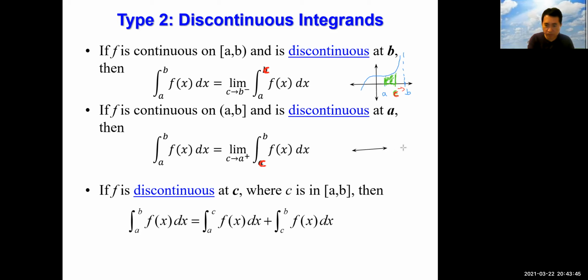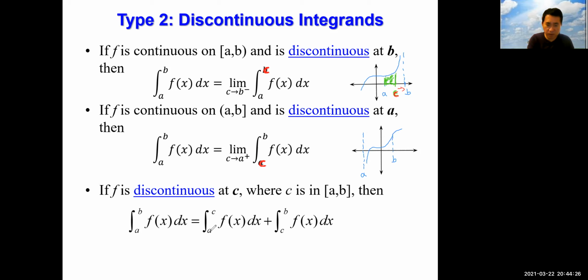So let's say the graph this time is not continuous on the left side, so I'm assuming it takes place here, at a, and this is b.